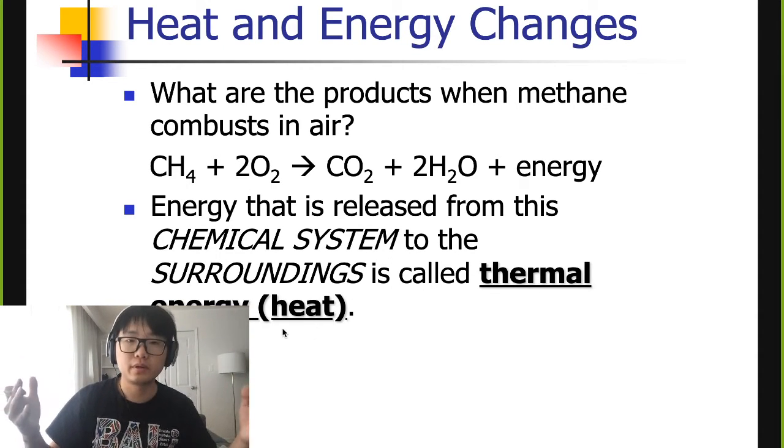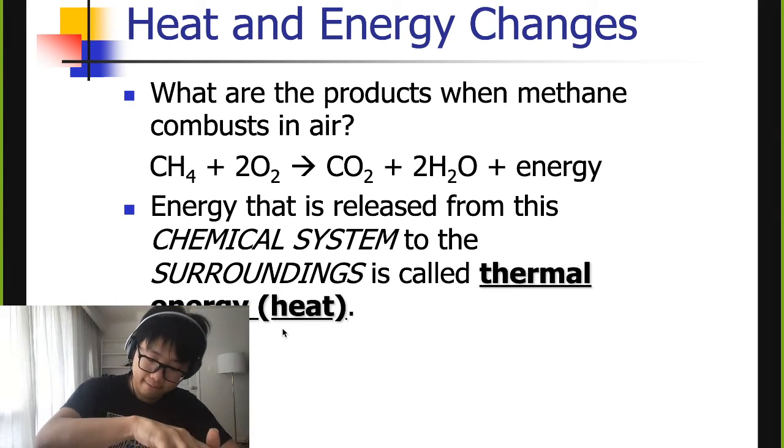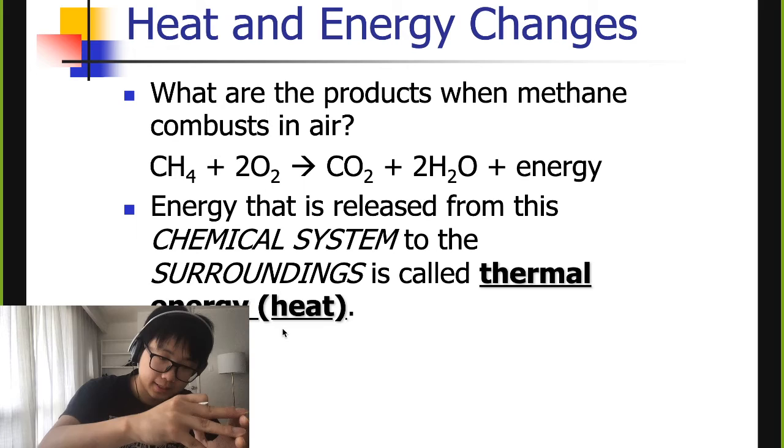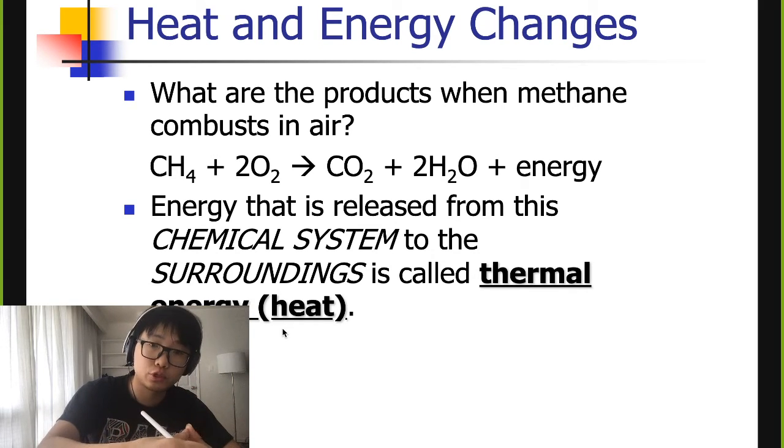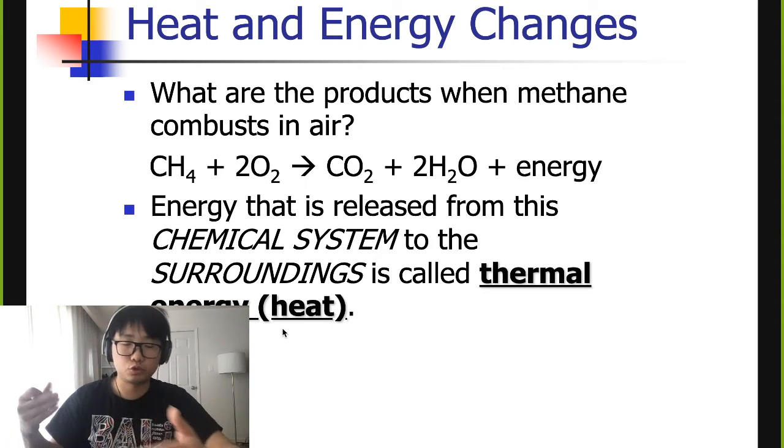We can think of a combustion reaction as something that releases heat, right? That's why we combust oil in our car. So we can turn that chemical potential energy into mechanical energy with which we drive our car.